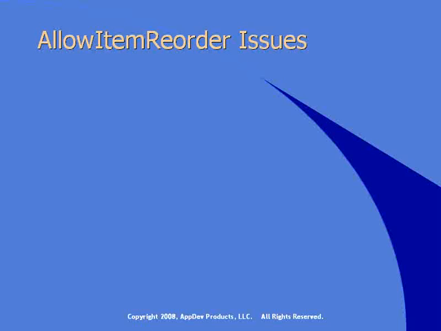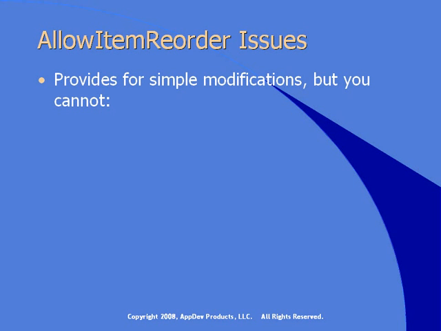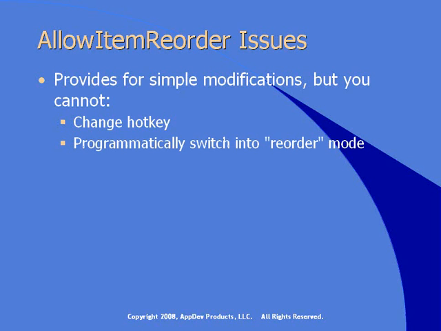That allow item reorder thing is nice, but it has issues. For example, you can't change the hotkey. You can use Alt-click to click on an icon and move it somewhere else on a toolbar, but you can't change the hotkey. You can't programmatically switch into the magic reorder mode. You can't limit the items to be reordered. That is, you can't have some items reordered and others not.